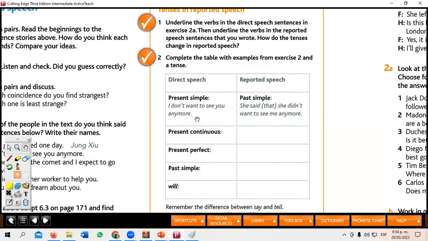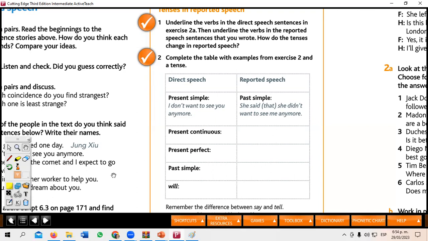In Spanish we would say, no quiero verte más. When we report it, we say, ella dijo que no quería verme más. Entonces va un tiempo atrás, right? We have like a jump in tense to the past, okay? From the present simple, we go to the past simple.